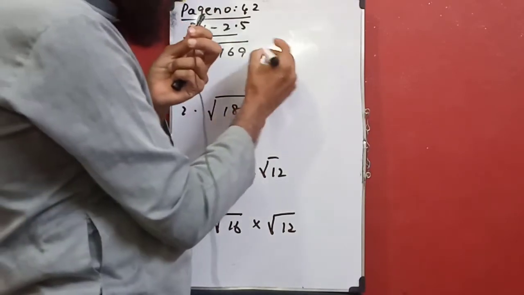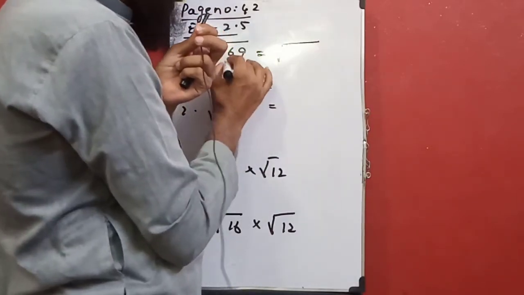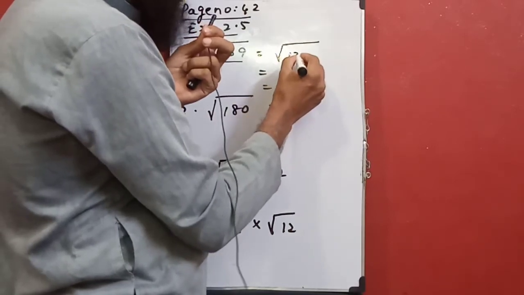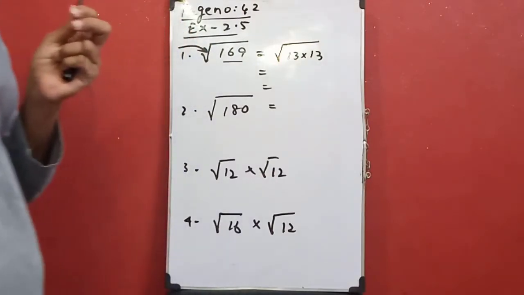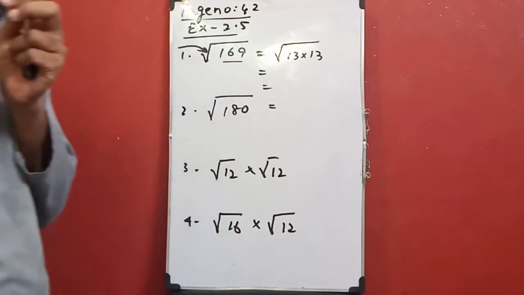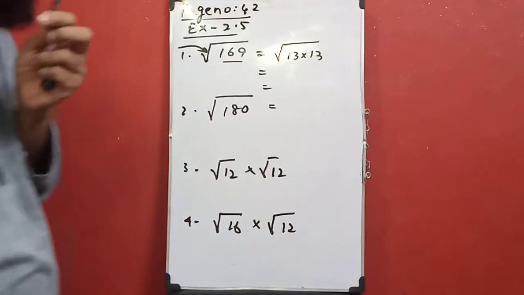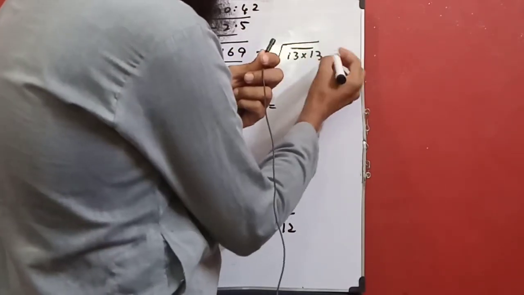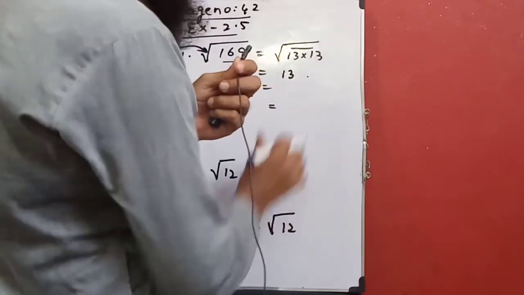That means we write the radical sign first, and now the factors of 169 come as 13 into 13. If a number comes in a radical sign whose index is 2 or exponent is 1 upon 2, it is taken as single, so 13 is the answer.